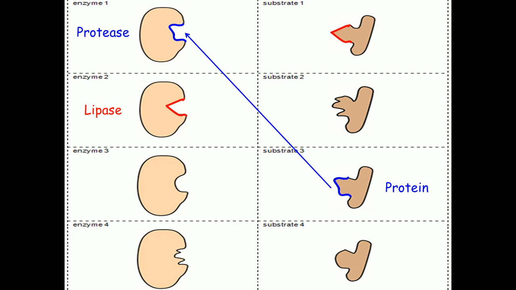The only reason why protease has this specific active site shape is because of the order of amino acids that fold in the polypeptide chain to make that specific shape.